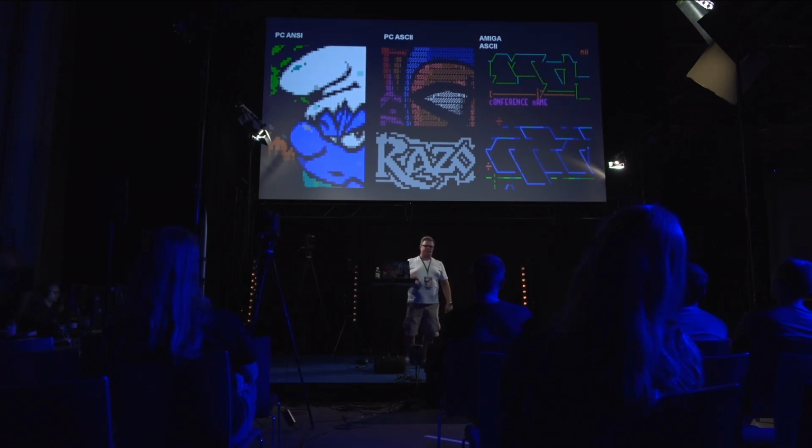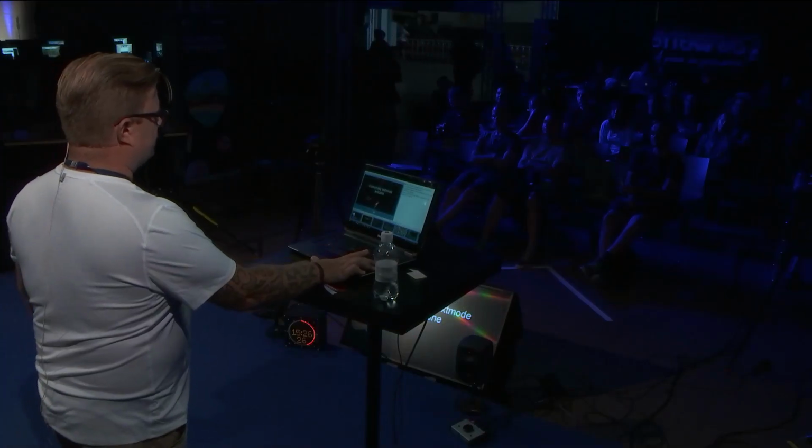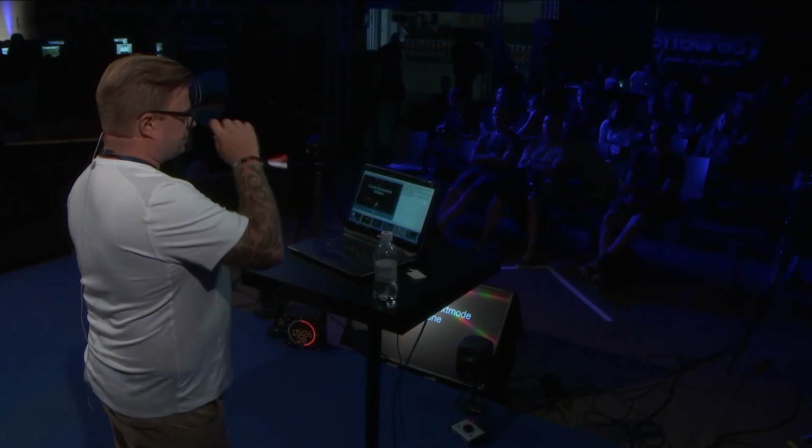I draw all of these different styles, and I sometimes get fond of Amiga ASCII, and sometimes I have a period of PC ANSI or PC ASCII and so on. There's no practical use for the PC ASCII anymore, like for most of the text mode arts even.